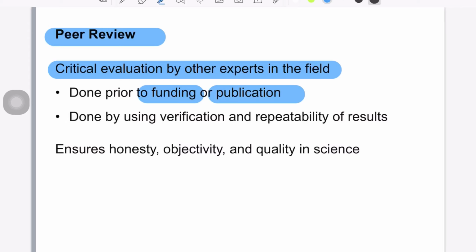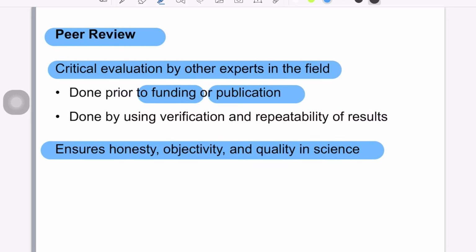If it's peer reviewed, it gives you a good comfort level that those with a great knowledge in the subject have looked at it and they think it's worthy, that there are no inherent problems in putting this paper forward to read. And hopefully this ensures honesty, objectivity, and quality in science. And most of the time it works very well.